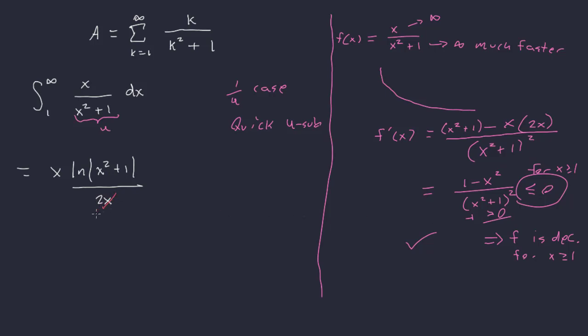So the x's cancel. All right, and we get 1/2 times the natural log of x squared plus 1. Notice I've dropped the absolute value bars because x squared plus 1 is always positive, so we don't need them.